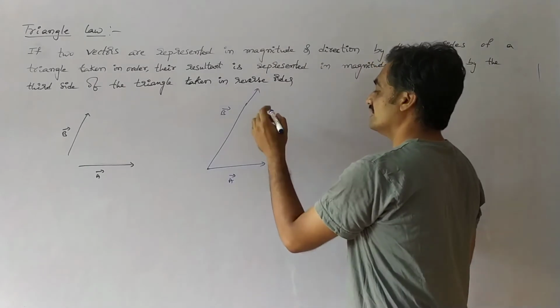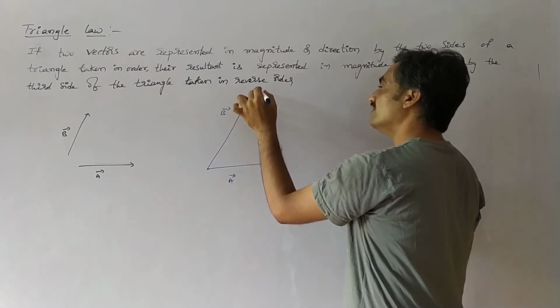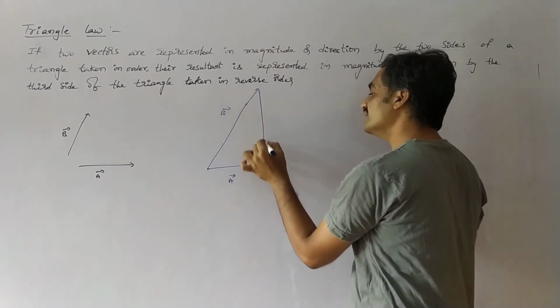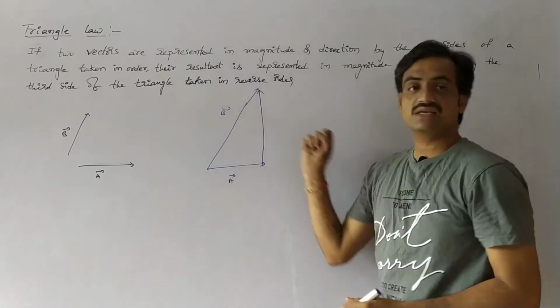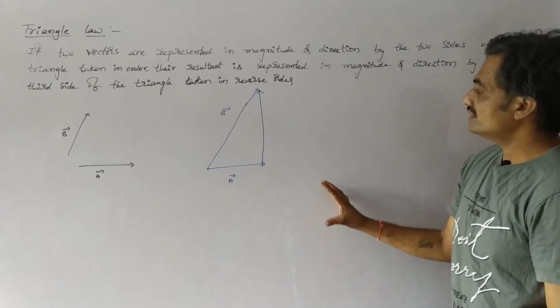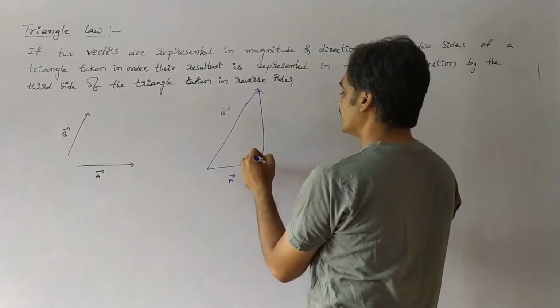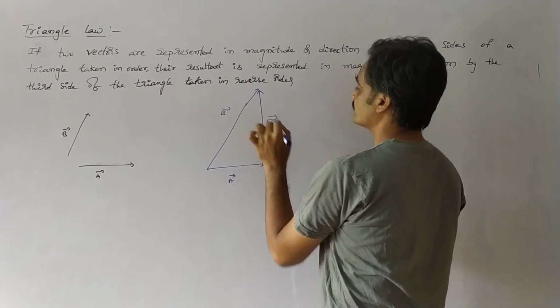And here observe that the resultant of these two vectors is represented by the closing side of the triangle, which is taken in reverse order. So the resultant direction will be opposite.